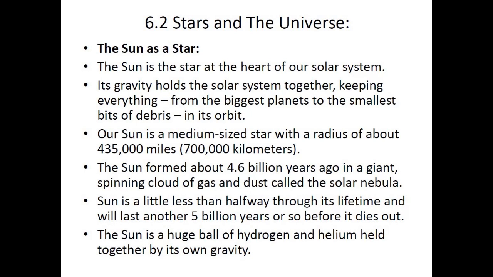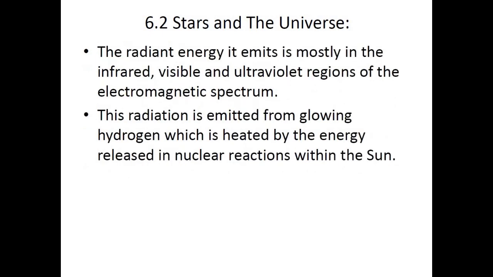If they did not possess such an immense amount of gravity, they would fall apart. The radiant energy it emits is mostly in the infrared, visible and ultraviolet regions of the electromagnetic spectrum. This radiation is emitted from glowing hydrogen, which is heated by the energy released in nuclear reactions within the sun.